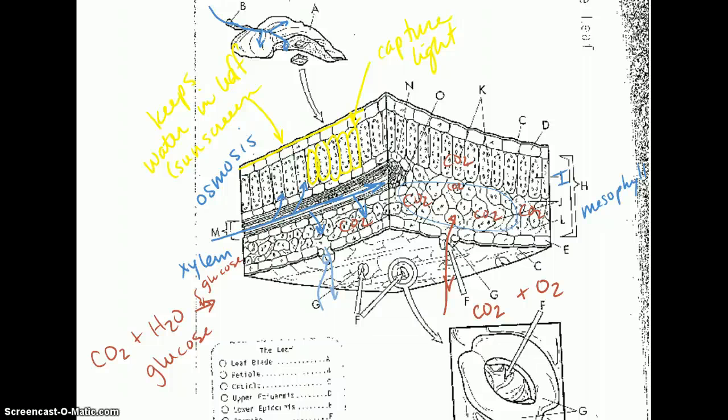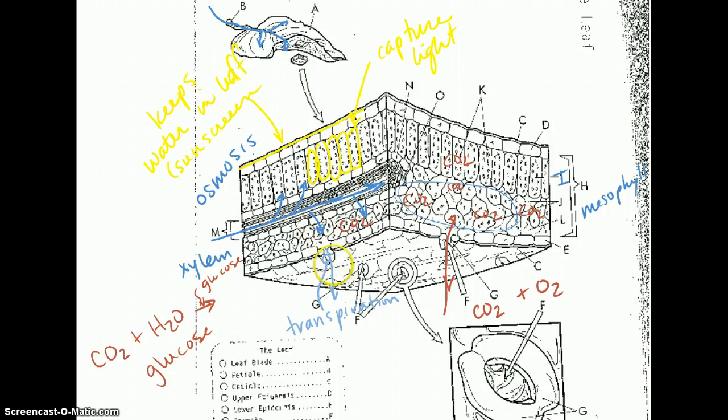So that's pretty much how the leaf has evolved to be able to have the carbon dioxide and the water it needs. It gets the water from the roots. It's being pulled because of water's attraction to each other. Some of that water leaves, and in our lab, we call this transpiration.